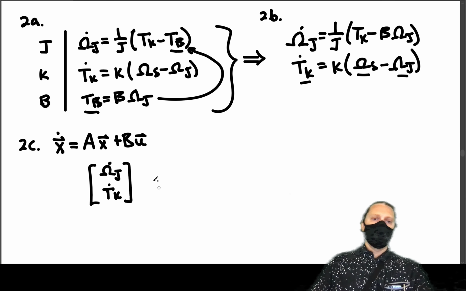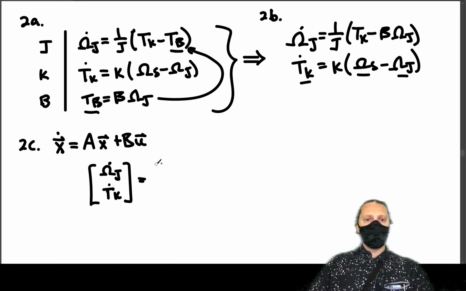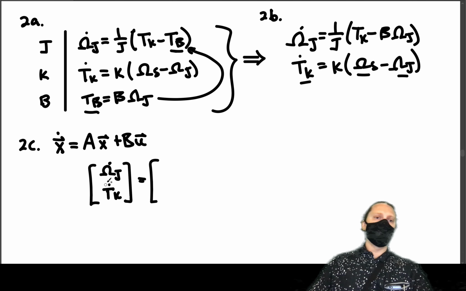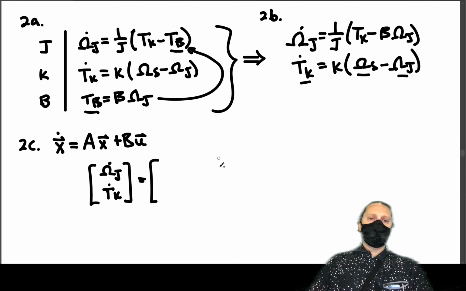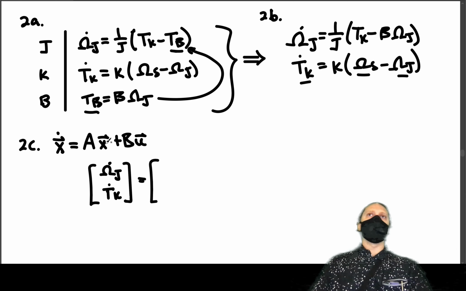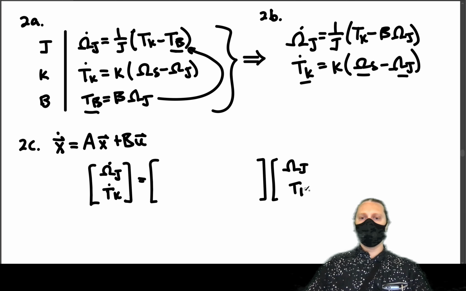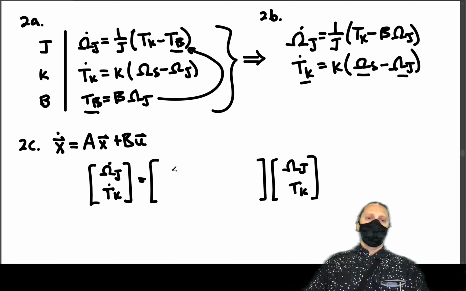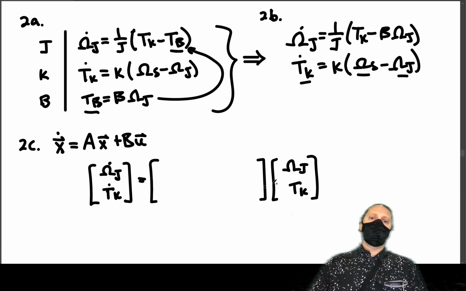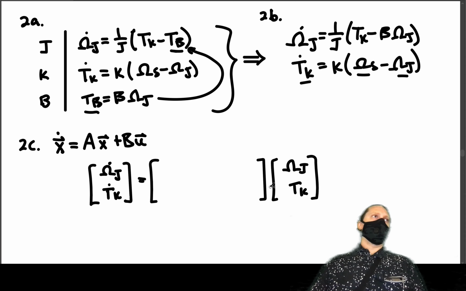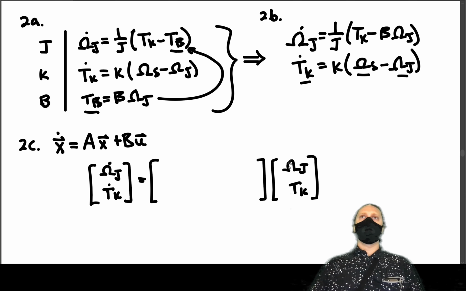So that's x dot equals the A matrix, which has to yield a 2 vector, and it has to operate on a 2 vector. So what dimension does it have to be? It's multiplying the state vector, which is omega J, T_K. So the inner dimension has to match, right? So it's got to be a something by 2 times a 2 by 1.